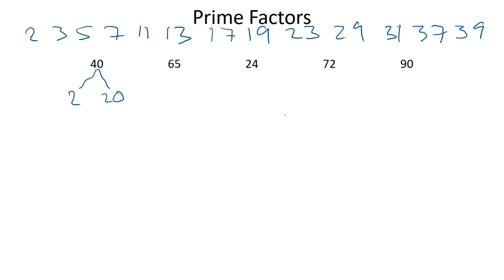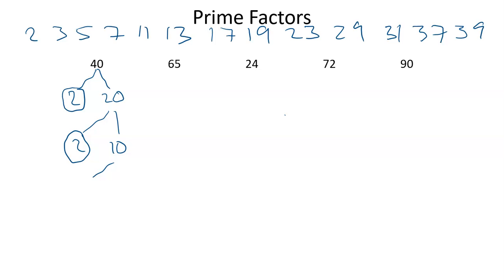And if one of these numbers is a prime number, 2, then we stop there. And in fact, I'm going to circle it, just to say, oh, I found a prime number. And the 20 is not prime, so I'm going to split that again. I'm going to split that into 2 times 10. And 2 is a prime number, so I can circle it, but 10 is not, so I break it apart again. Always by timesing, because these are factors.